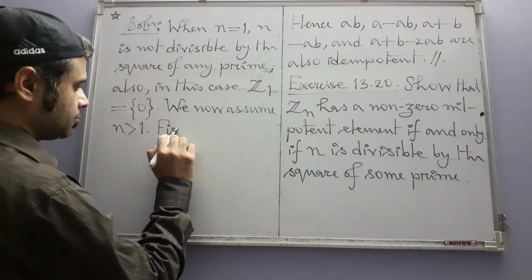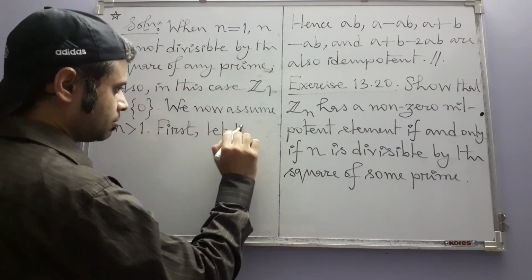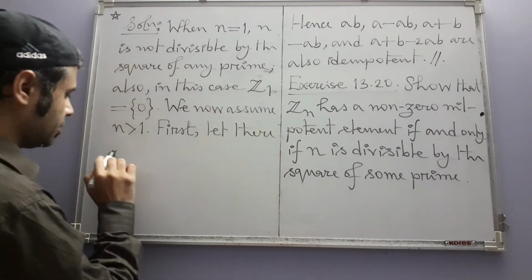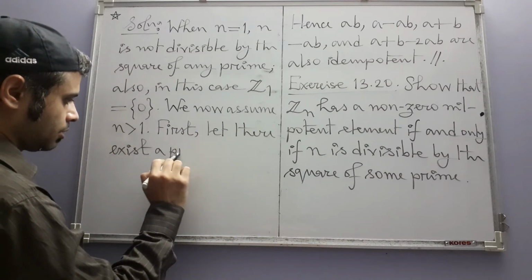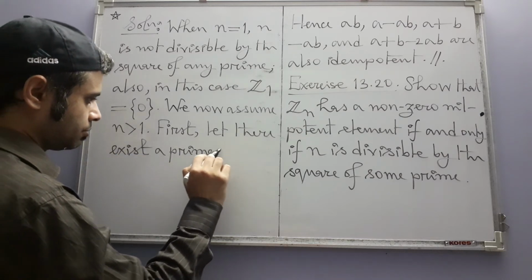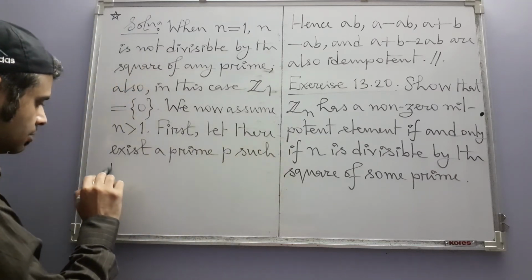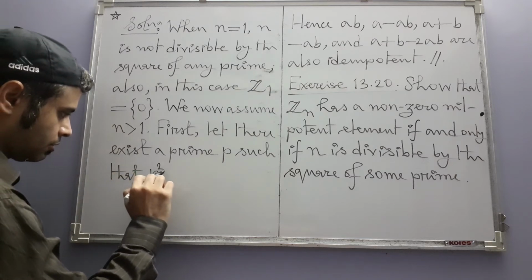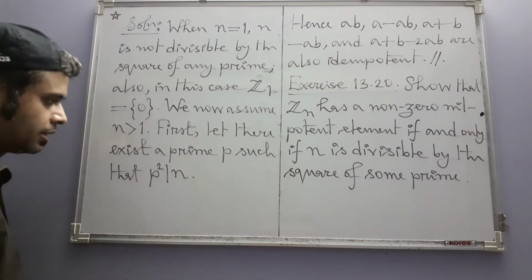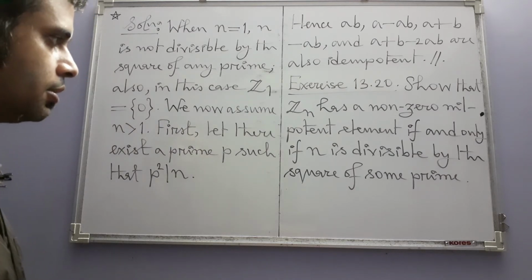First, let there exist a prime p such that its square divides n. So we are assuming that condition first.